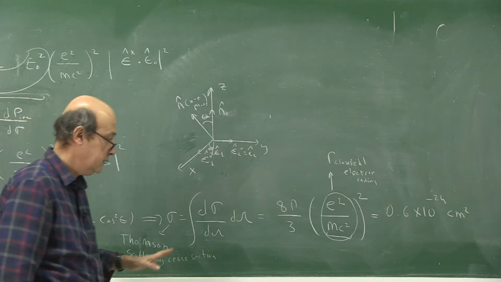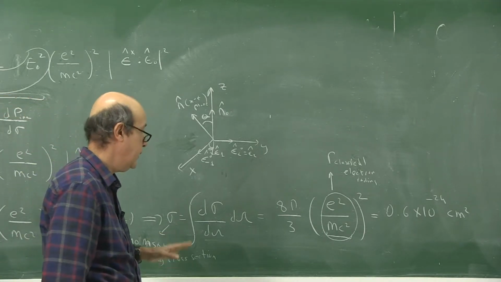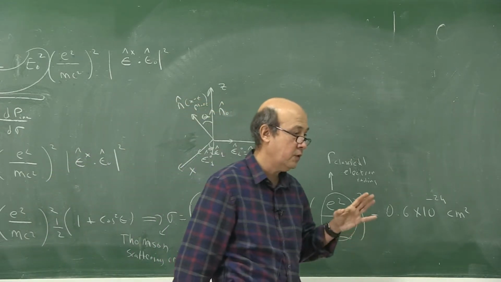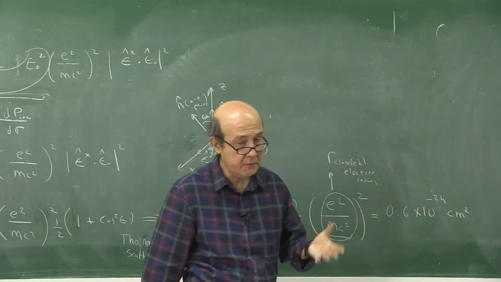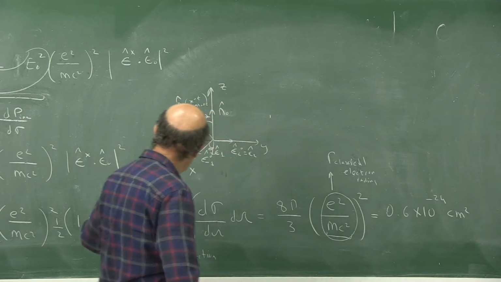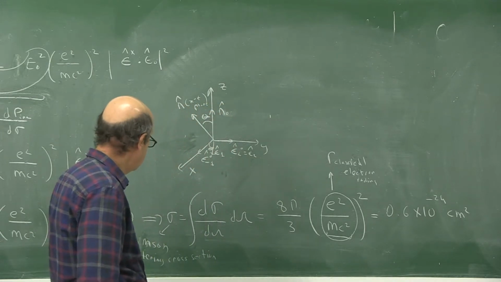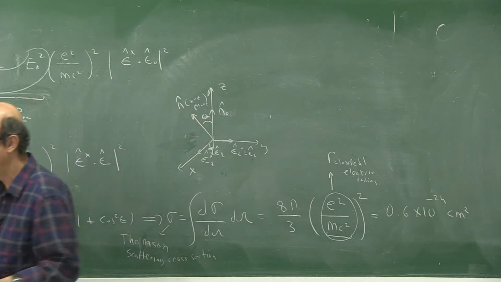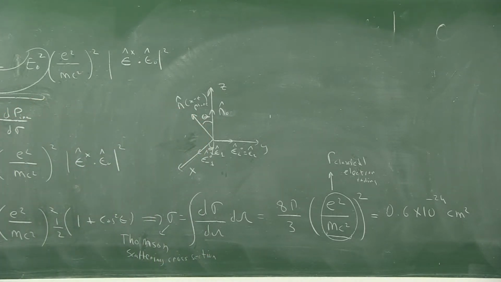It works well at low energies. At high energies, at which the momentum of the photon is comparable with mc, we have to work with Compton scattering, not Thomson scattering. So this is the Thomson scattering cross section, valid at low energies. We see the scattering of the electromagnetic wave from the free charge.